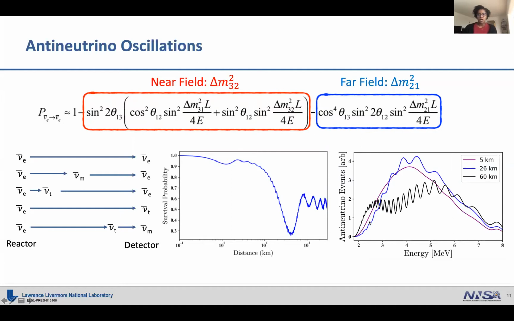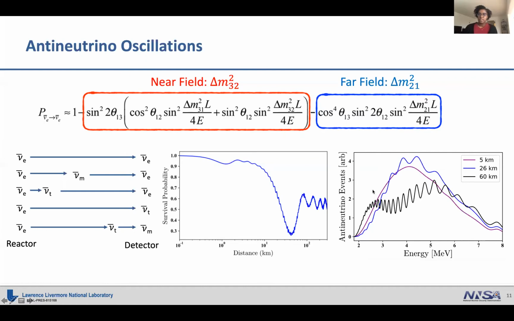And so if we were to take a snapshot of this survival probability at different standoff distances, what you'll notice is it's not just the total rate of antineutrinos that have oscillated, but also a distortion in the actual energy spectrum of these antineutrinos. In purple, we see a spectrum that would have been detected at a 5-kilometer standoff.